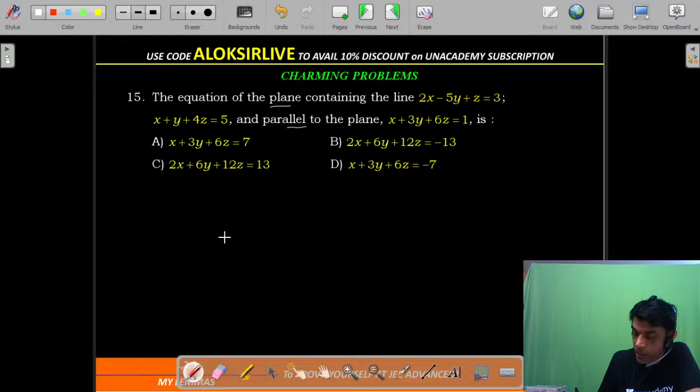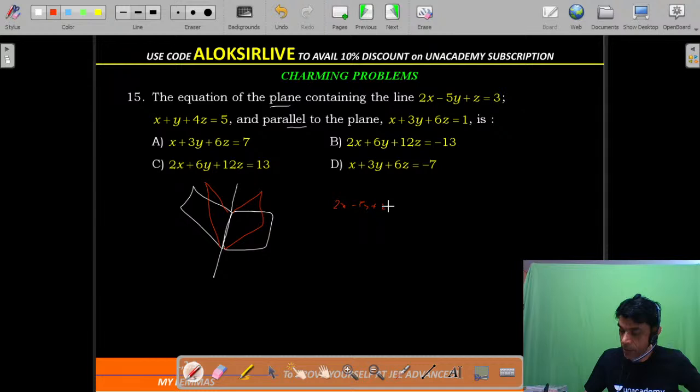So first we will write that any plane is 2x minus 5y plus z minus 3 plus lambda times x plus y minus 5, this one.